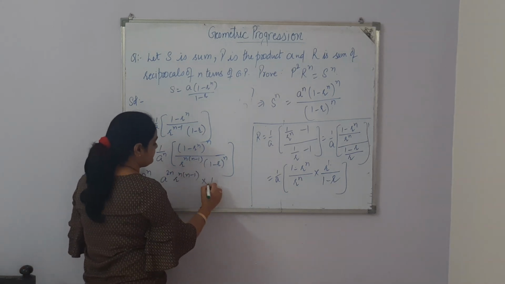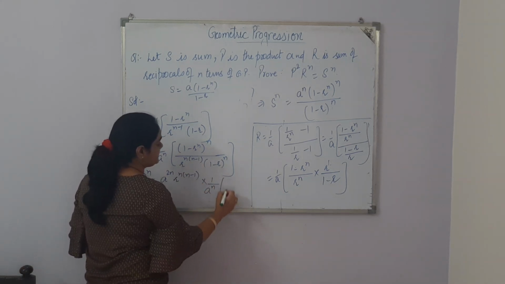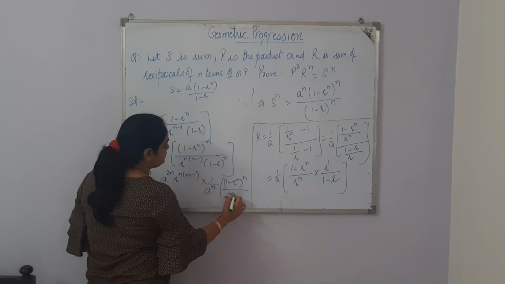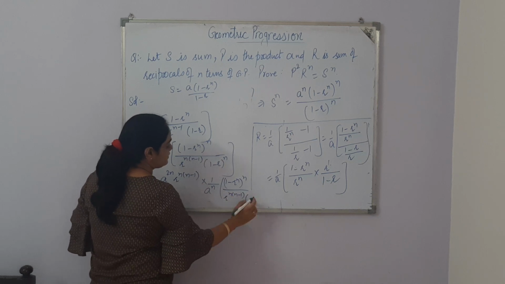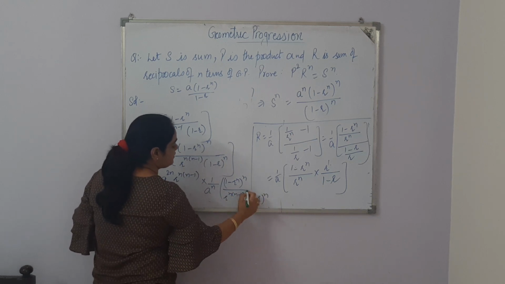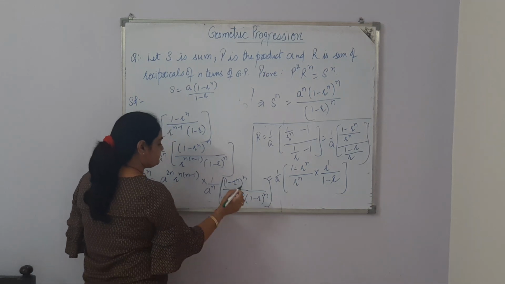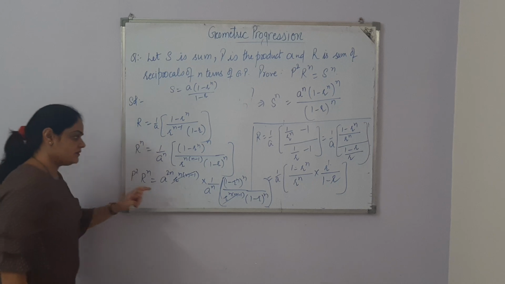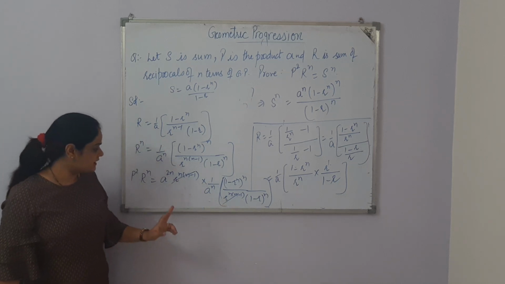What is it? 1 by a raised to power n, (1 minus r raised to power n) whole raised to power n, upon r raised to power n into n minus 1, (1 minus r) whole raised to power n. So r raised to power n into n minus 1 in numerator as well as denominator, we can cut.